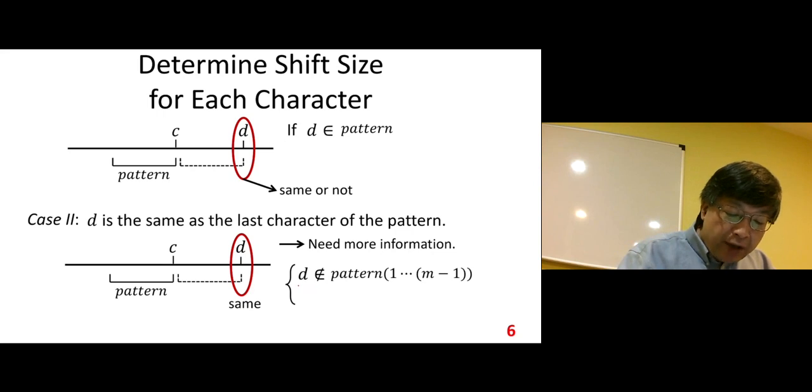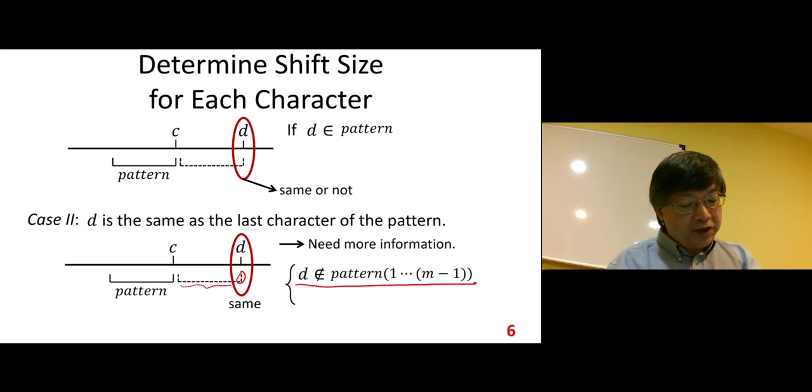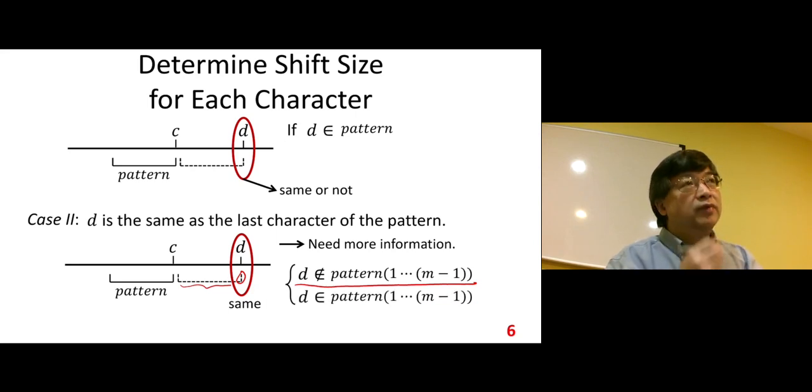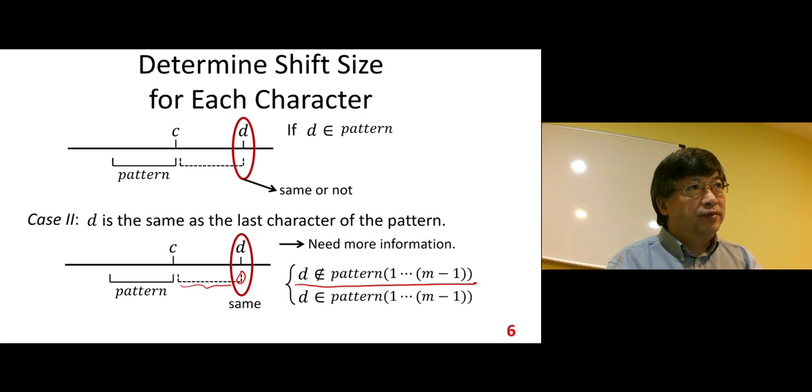D is not in the pattern from 1 through M minus 1, not including the last one. Okay, the D is not there. If D is not in that pattern part, then we know the shift size. If D is in that part, then we have another shift size.